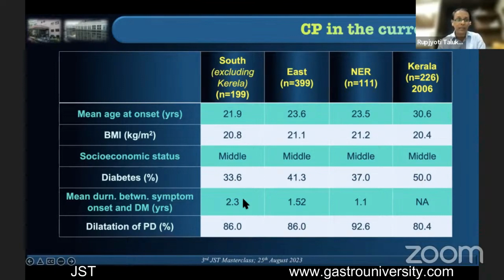And the mean disease duration between the symptom of onset and diabetes was also similar. And the morphology of the disease was similar. So now it appears that we are dealing with the same kind of disease all over the country. And they are not showing the typical morphology of what used to be called tropical chronic pancreatitis.